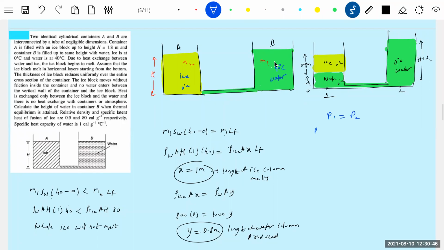What is the pressure at 1? Density of ice, G into 0.8, plus density of water, G into L1, equal to density of water, G into H plus L2. What is L1 plus L2?